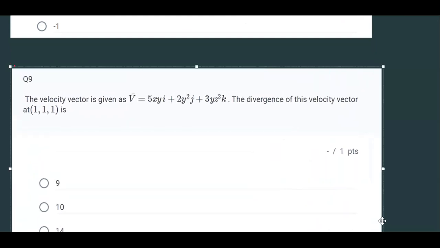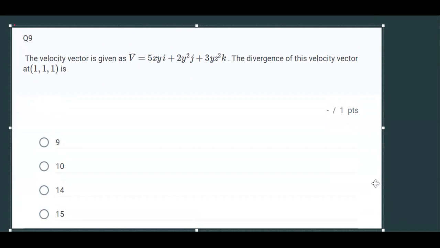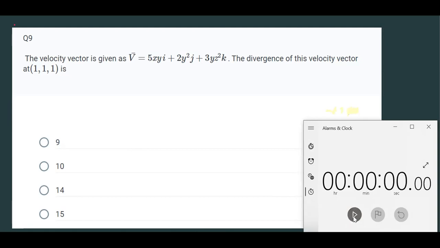So far it was gradients of scalar fields. So hoping that you will do it in 2 minutes.